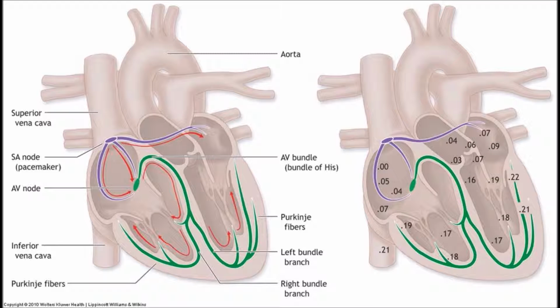The tempo of the cardiac cycle is controlled by the sinoatrial node, or the SA node. This is a specialized cluster of cardiac muscle cells located in the upper right atrium near the junction of the superior vena cava. The sinoatrial node is also termed the pacemaker, as this is the specialized cluster of cells that initiate the nervous impulse.